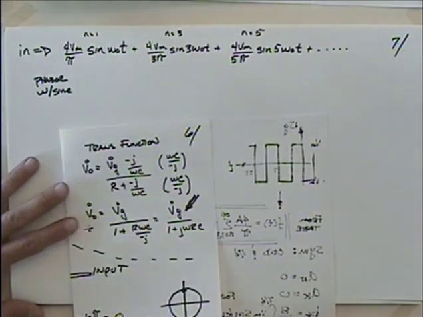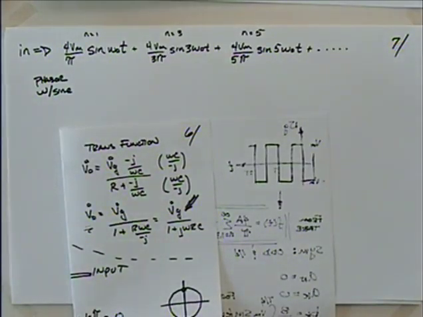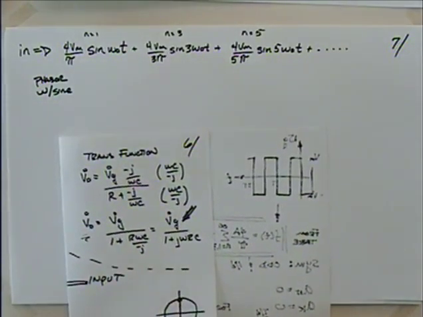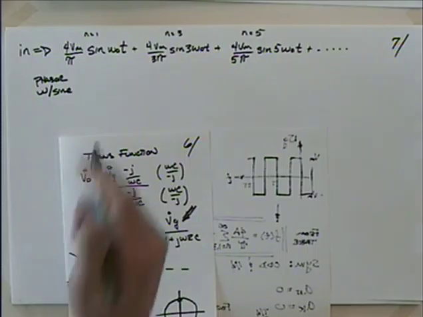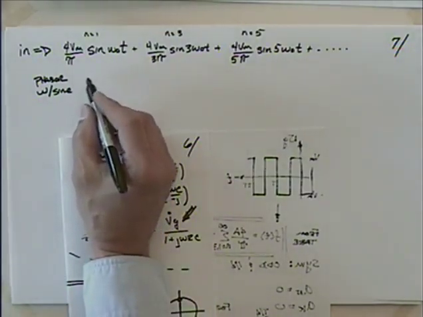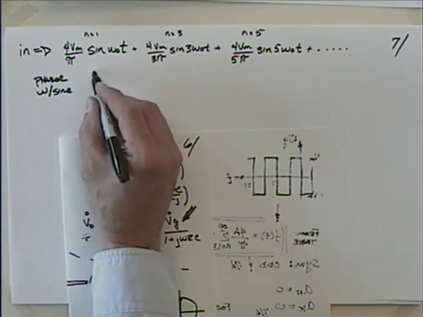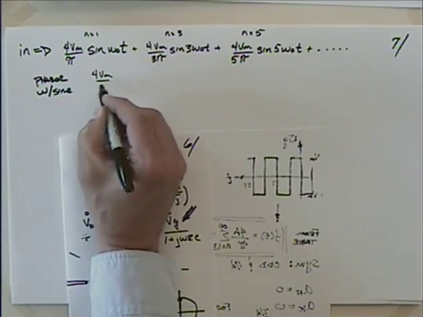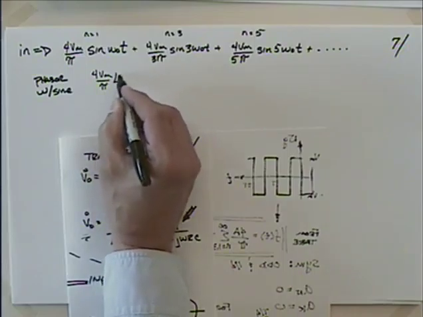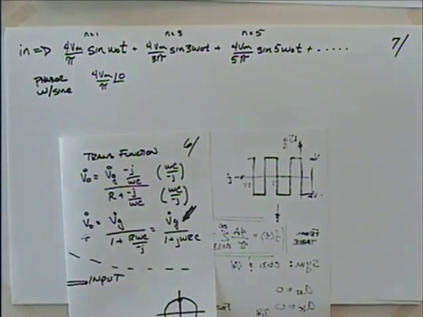And one thing I'm going to do is I'm going to write it in terms of sine. Normally we write it in terms of cosine, but I can write it in terms of sine. I just have to be careful at the end and realize that I wrote it in terms of sine. If I think about this in terms of sine, can I write this as a phasor for Vm divided by pi at an angle of 0? Are you with me on that?